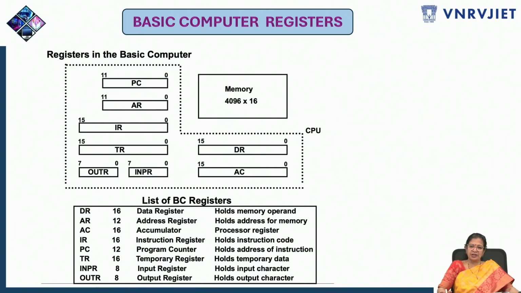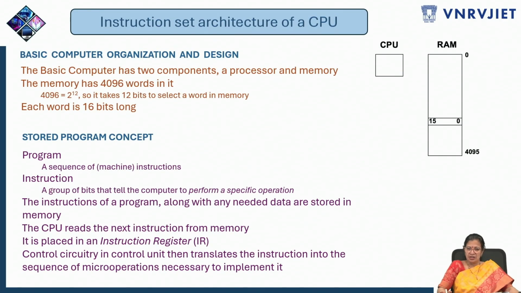If you look at the size of the address bus, the RAM capacity is 4096 locations, 4K. 4K can be expressed as 2 to the power of 12. 4096 is expressed as 4 into 1024, which is 2 power 2 into 2 power 10, which is 2 to the power of 12.